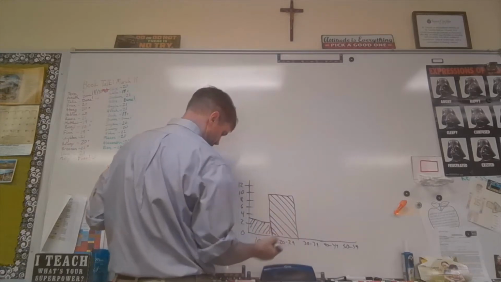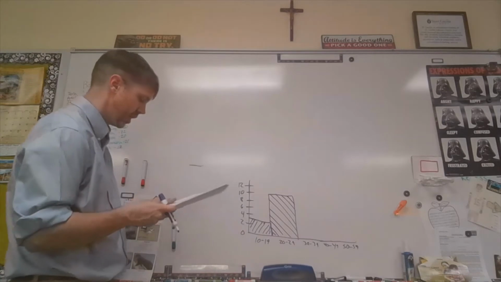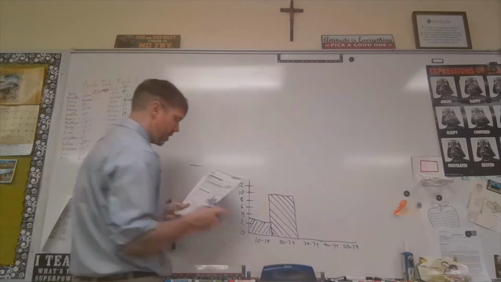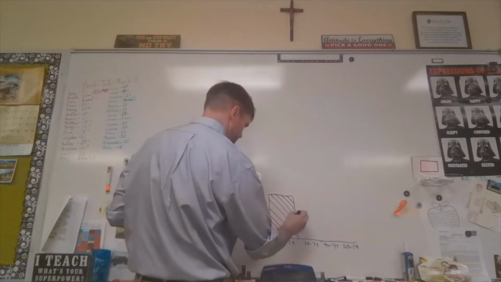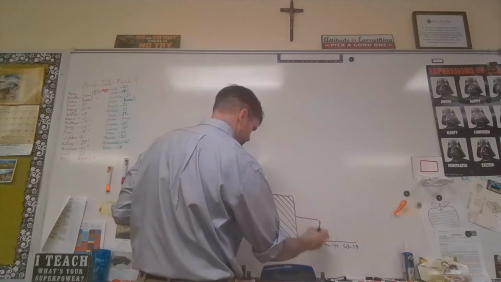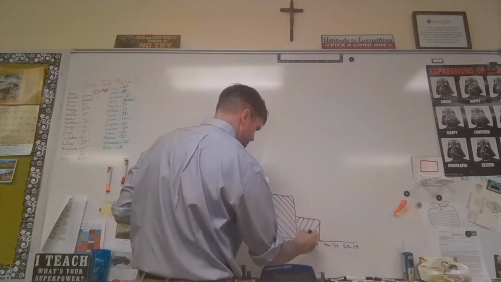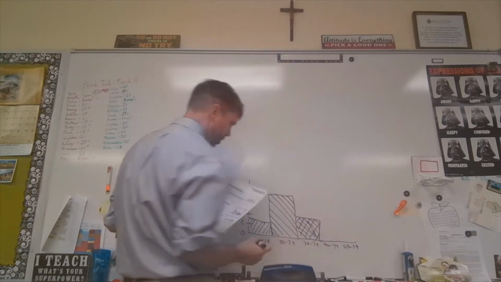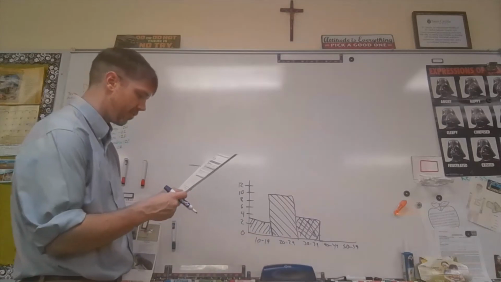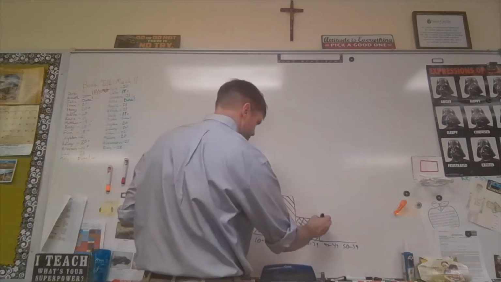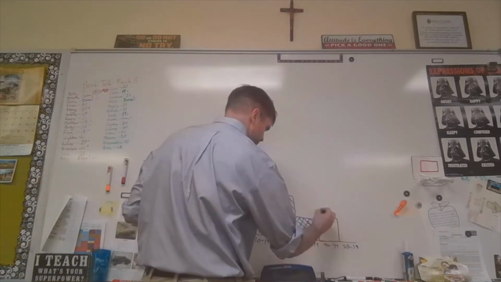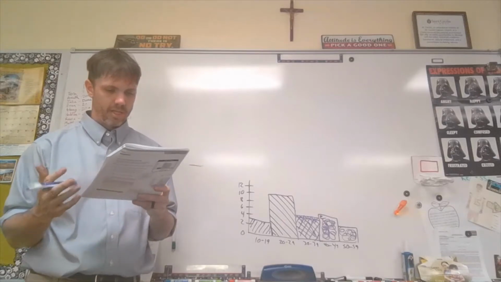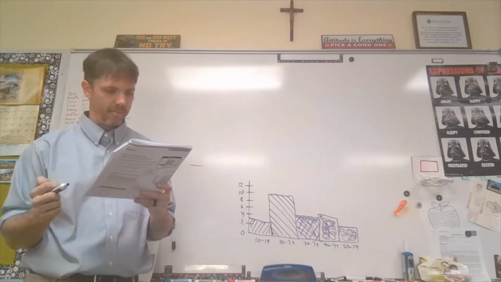It's kind of silly because I totally have other colors, but that's okay. 30 to 39 was 5, so we're going to go between 4 and 6 and make that one. And 40 to 49, there's 6 of them, so it's going to be just a little taller than this one. In terms of things that we're going to do together, we kind of already did them.